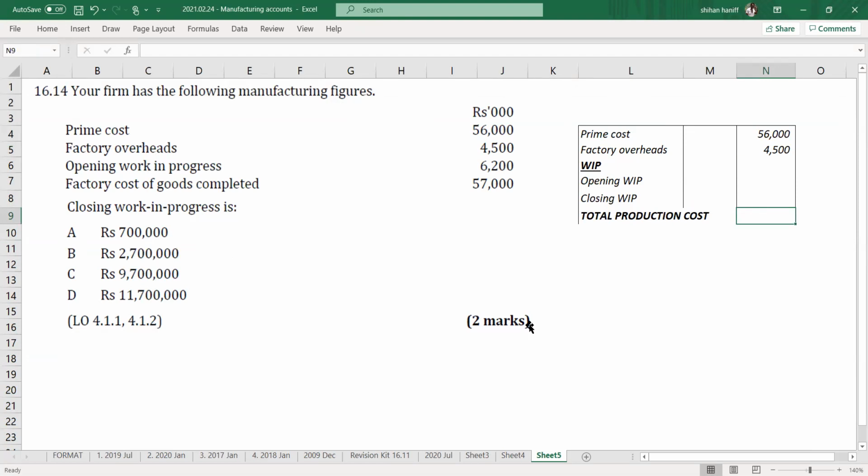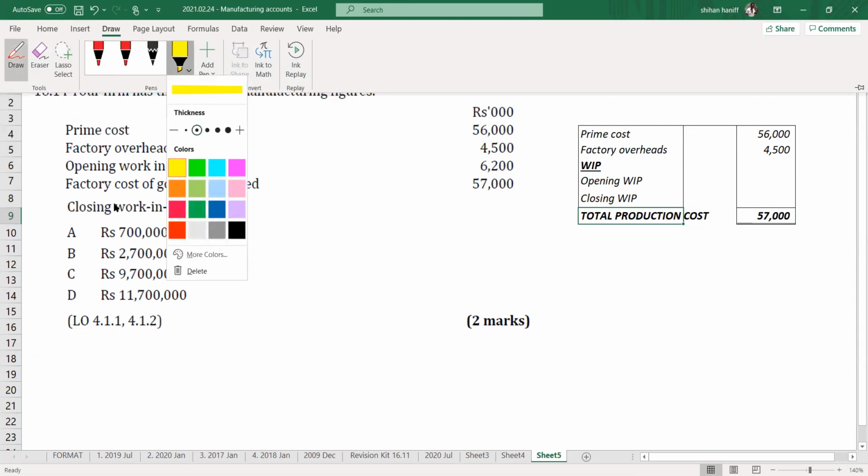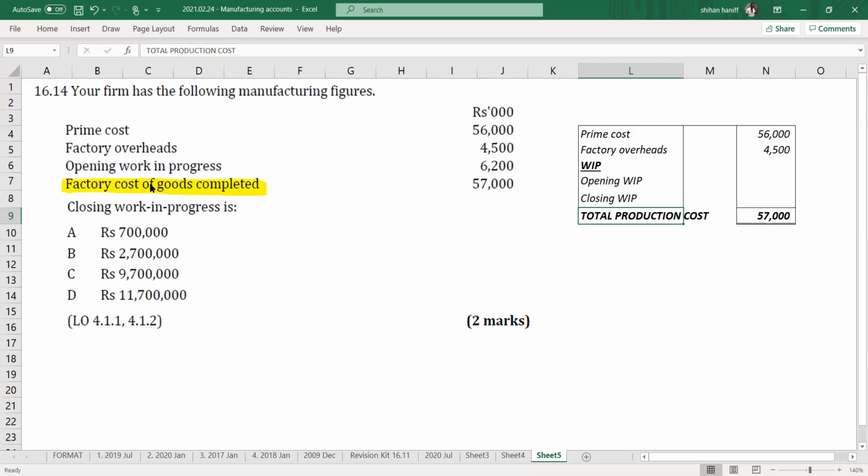Factory cost of goods completed 57,000. That is the total production cost. Total production cost is called the factory cost of goods completed. Yes. Tell me the answer. Opening work in progress 6,200. What is the closing work in progress?